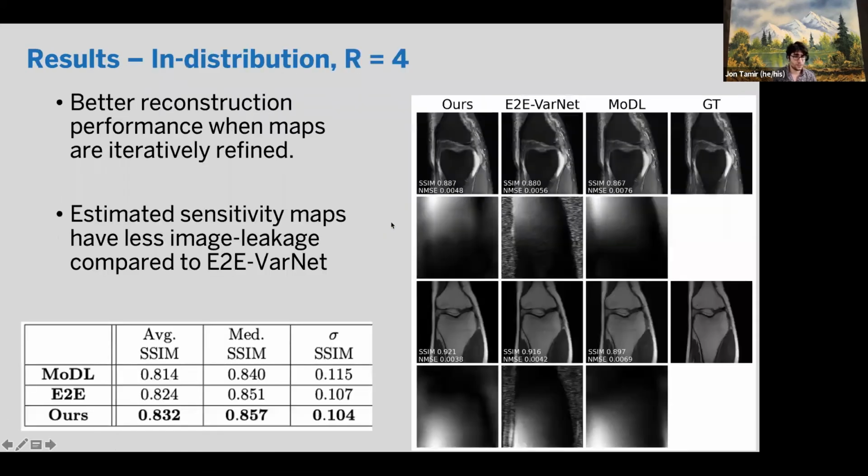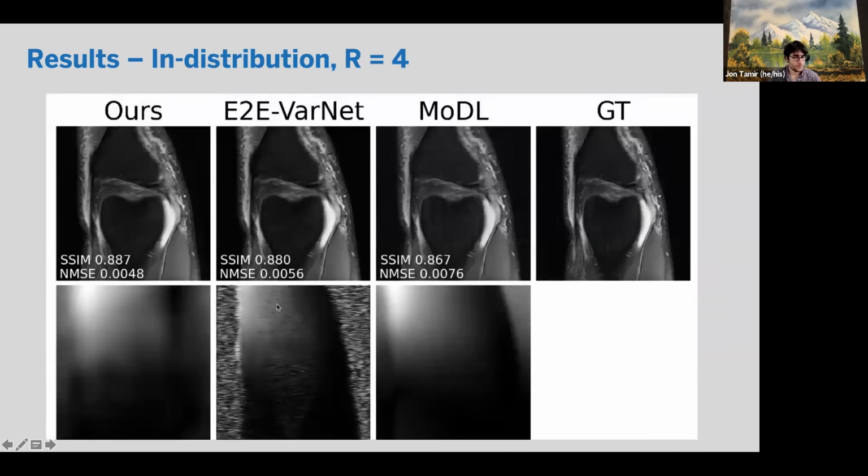All right, so I think we were here. Yeah, so the takeaway here is that end-to-end VARNet, which does estimate the sensitivity maps as part of its reconstruction, so it's also an unrolled network that can be viewed as a feed-forward deep learning network, but there is some leakage of the information content from the image into the maps.